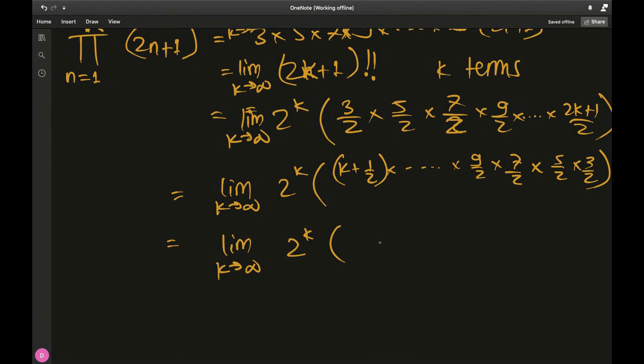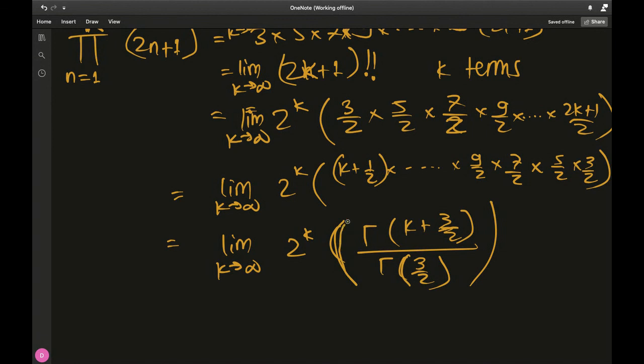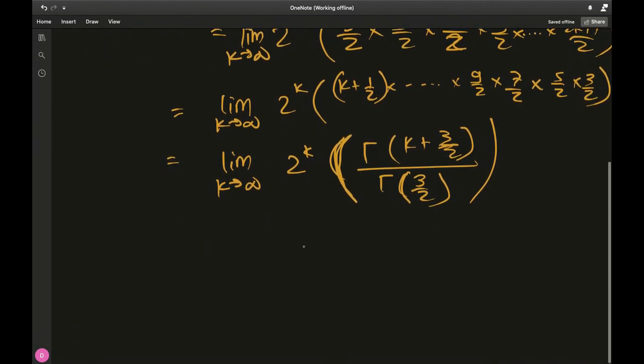So it's k plus half factorial, but we want to represent it as a gamma function. So k plus half plus 1, so k plus 3 over 2. But we aren't going past 3 over 2. So we aren't going past half factorial, or we aren't going past a gamma of 3 over 2. So we divide by gamma of 3 over 2, because we really don't want the terms that are afterwards, like half and negative 3 half, so that's like a limiting factor that we divided by.